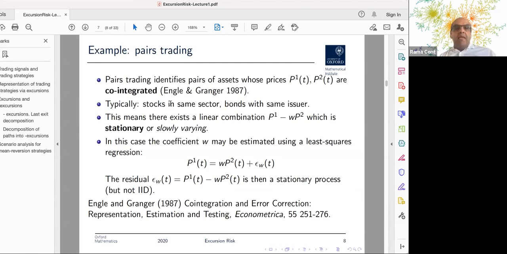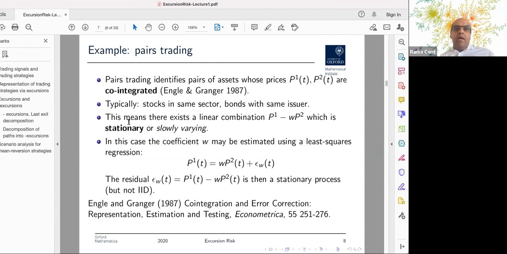Typically, examples are stocks in the same sector or two bonds with different maturities with the same issuer. They have a reason to be close, follow each other. And so the idea is that they cannot go too far from each other. So there has to be some difference which is stationary and oscillates around 0.